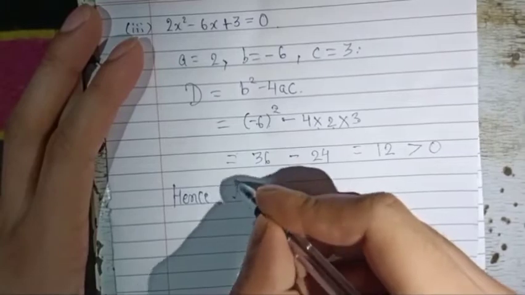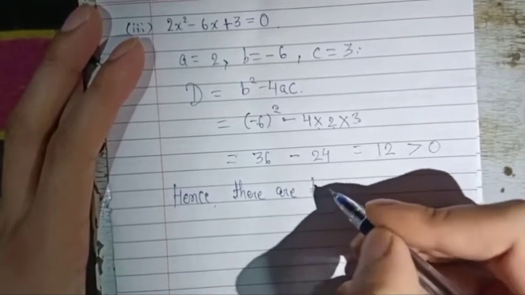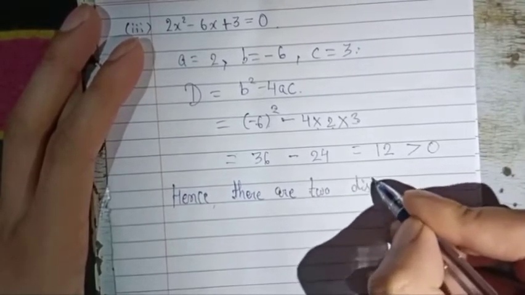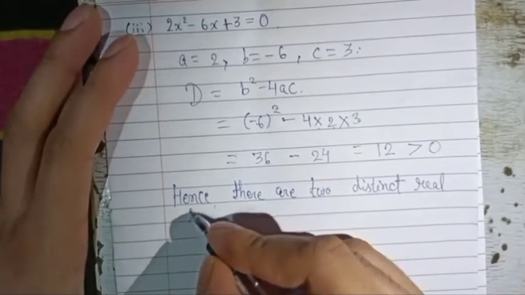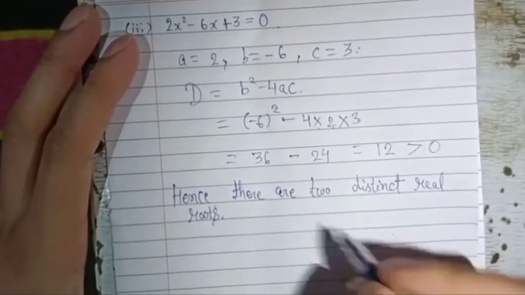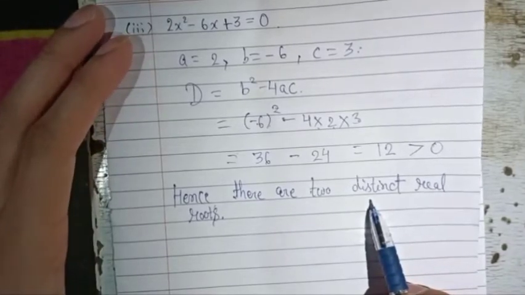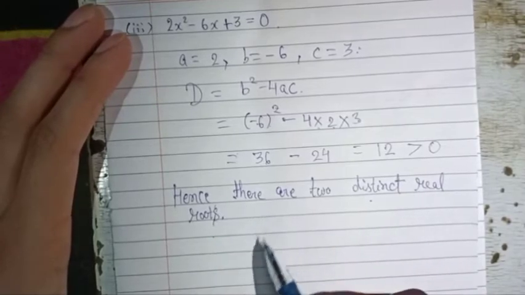Hence there are two distinct real roots. Distinct means two different values of roots will be there. That means two different real roots will be there when we solve the equation.